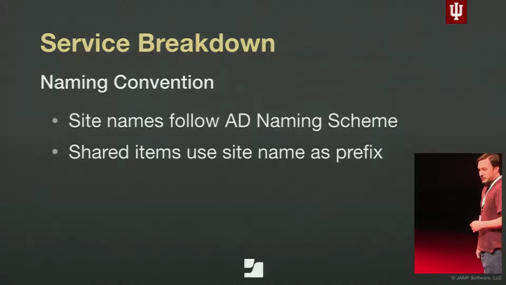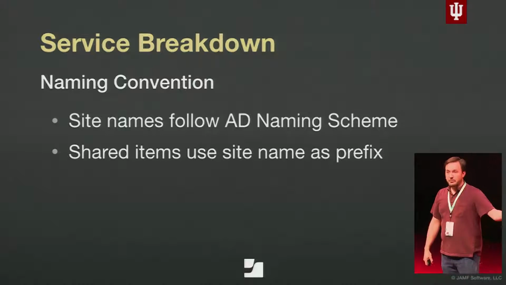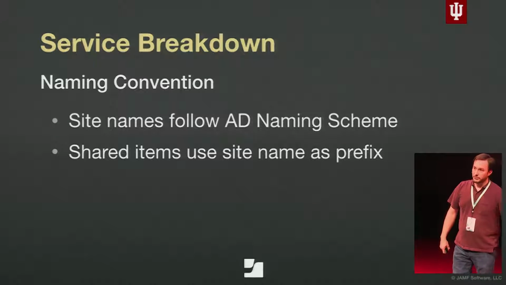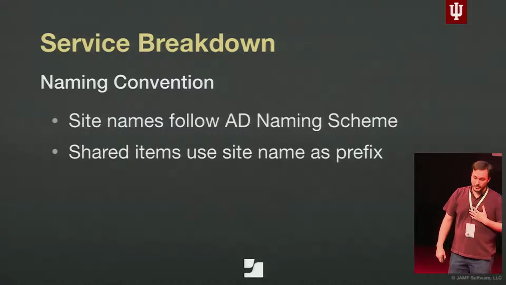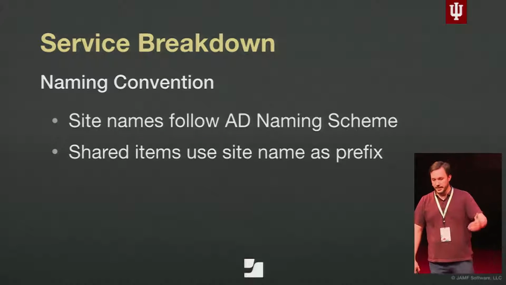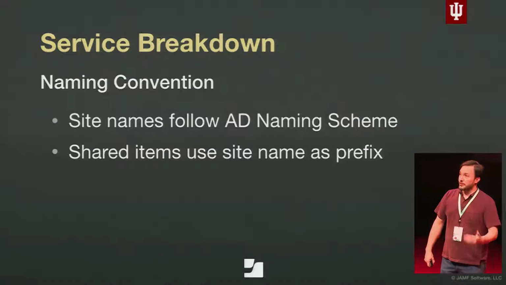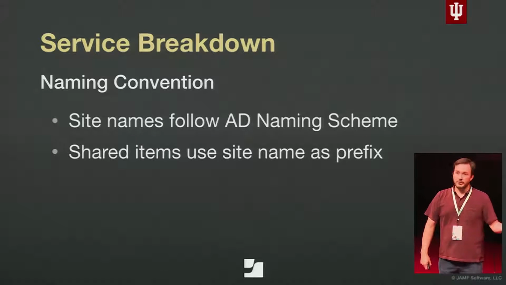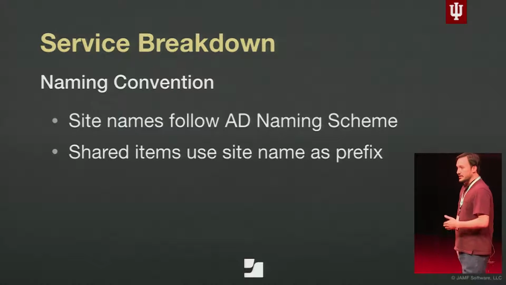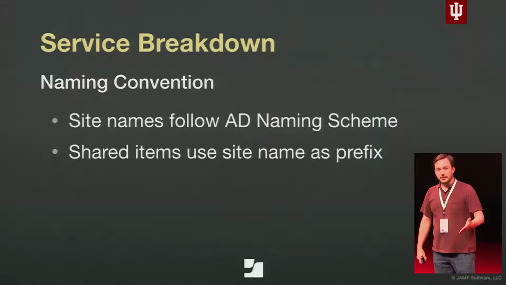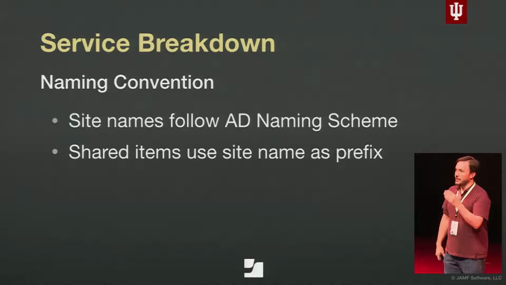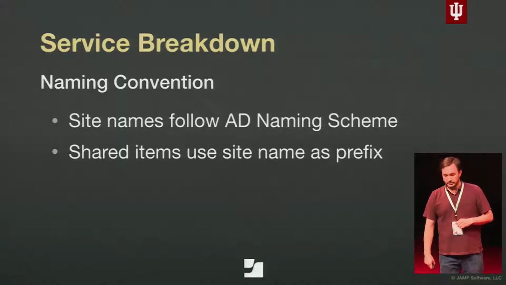So we're going to tap into that. We're going to say, okay, your top level Active Directory organizational unit that you use is going to be your site name. So for us, for example, we're IU-LServ. That becomes our site name. That also becomes the prefix for everything in those shared sites. Doing this provides a mechanism for our admins to quickly and easily, when they go and create a policy, identify what is and is not theirs.